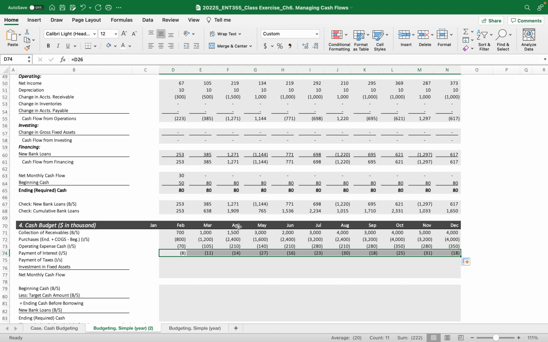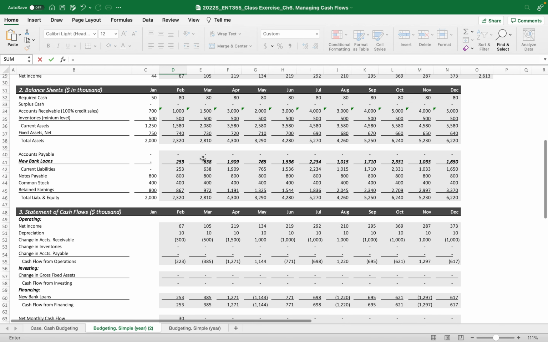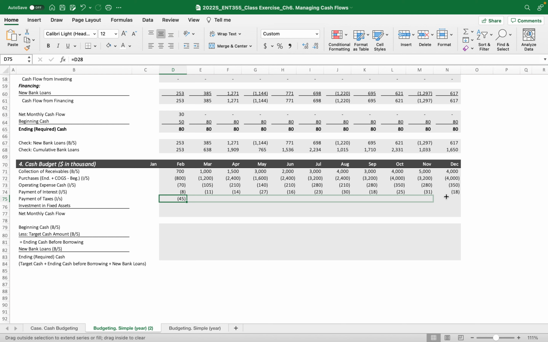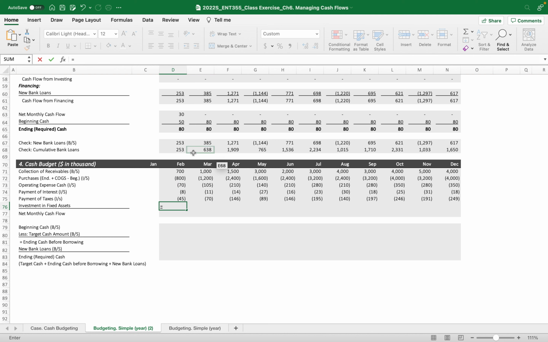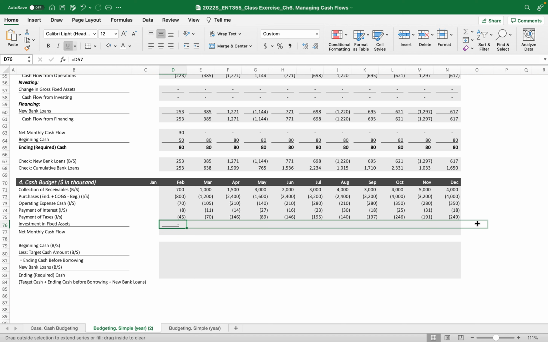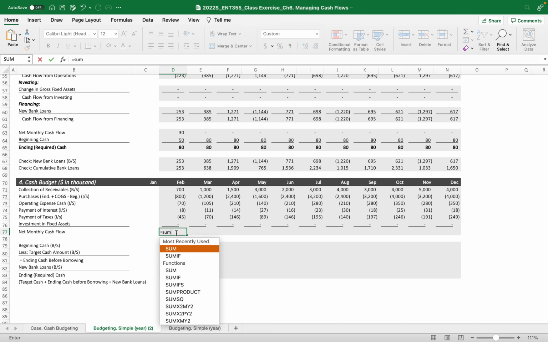We linked all the payments of interest. The payment of tax, also the same way. And then the investment in fixed assets. Do we have an investment in fixed assets? No, there's no fixed asset investment. So, there we go. Then the net monthly cash flow is the sum of all.